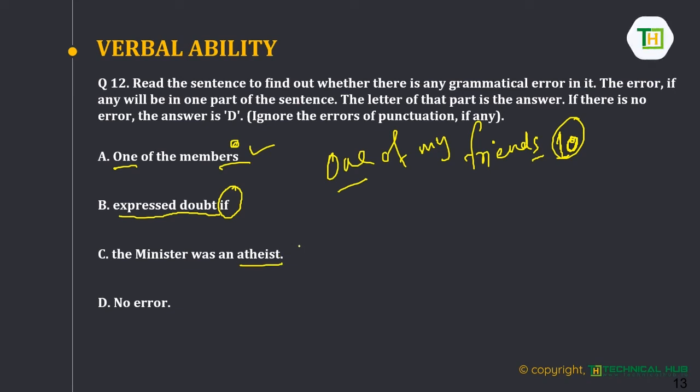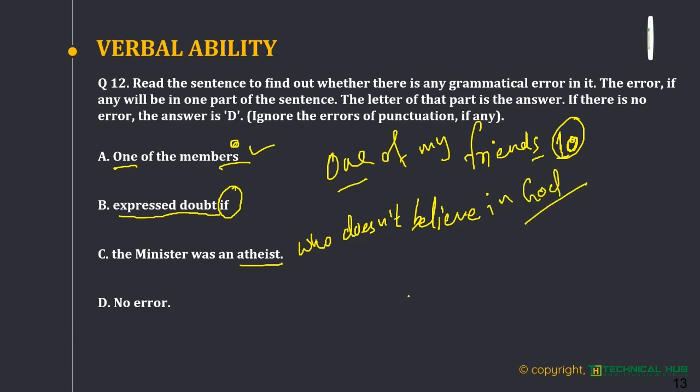The one who doesn't believe in God is called an atheist. So here "no error" will not come, because we already found one error in option B, and that is going to be the right answer if we should not use it here. So that is the wrong one and this is going to be your answer, option B.